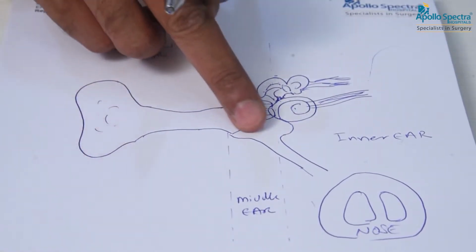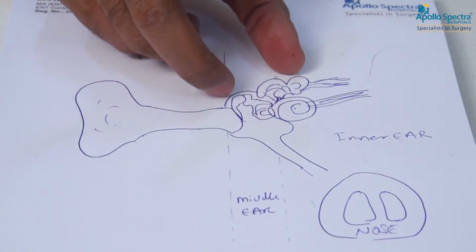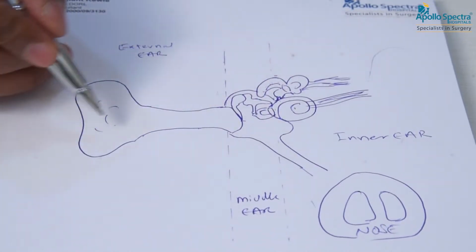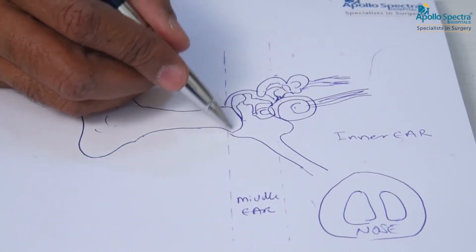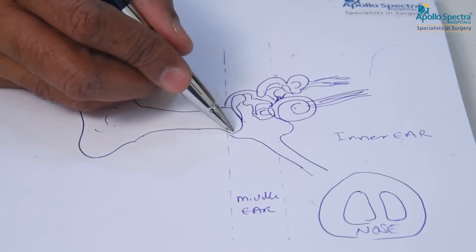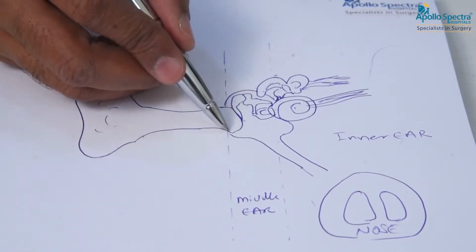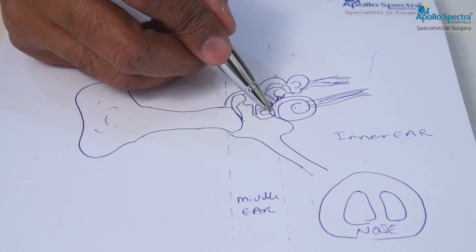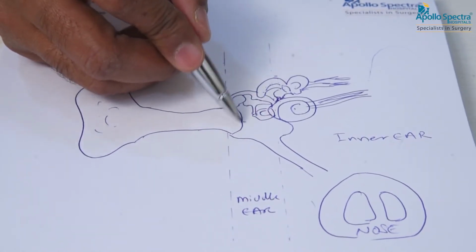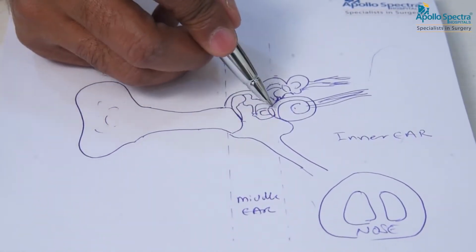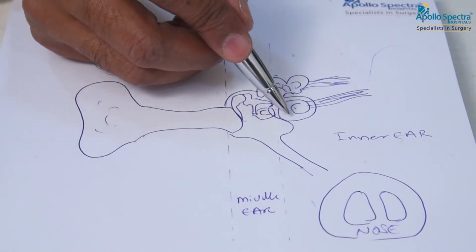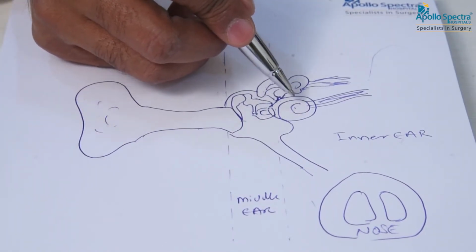Now, why do you need the middle ear? It is our amplifier. When the sound comes onto the drum, which is quite large, an 8 millimeter structure, from there the sound is impacted onto a very small oval window and the sound gets doubled. Why do you want to double this sound? Because we know the inner ear cochlea is having fluid.